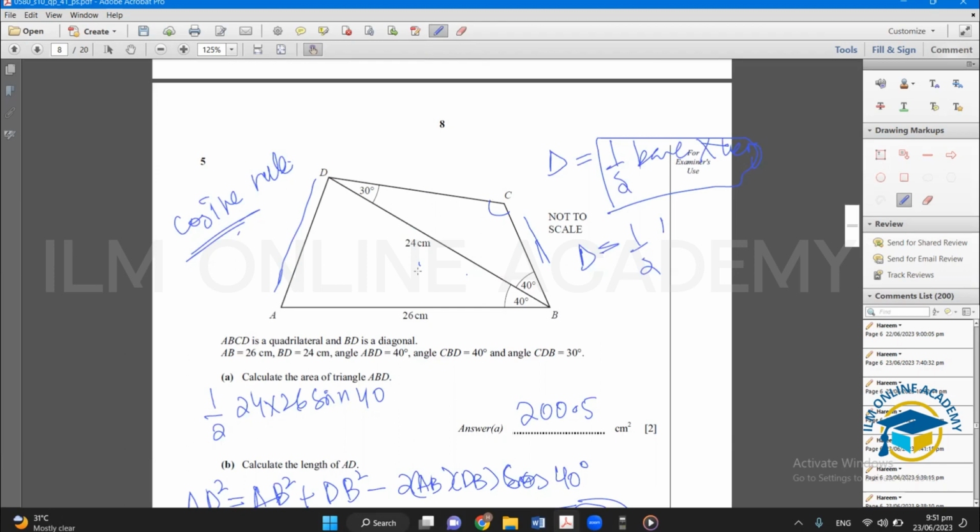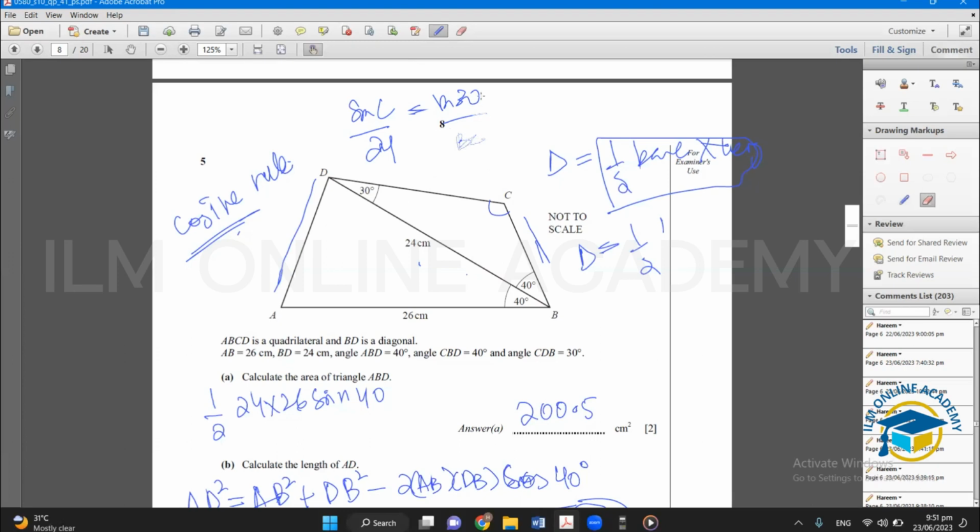So the formula could be written like that: sine C over 24, and then sine 30, and what will be its opposite? BC, right? But for this we should also know the value of sine C.